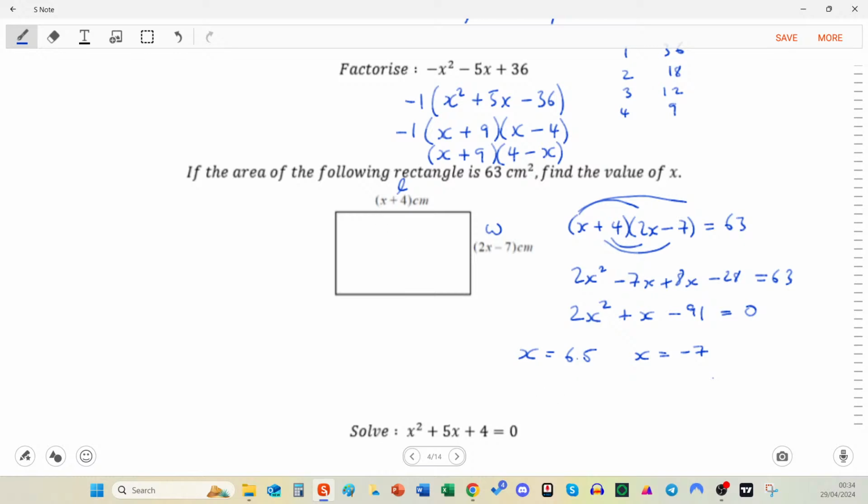If it was 6.5 plus 4, that works for the length. And if it was 6.5 times 2, which is 13, take away 7, that works for the width. It's positive. But if it was -7 plus 4, that would be -3 for the length. And so this one doesn't work. And we're going with the positive value. So x equals 6.5 is the value of x.